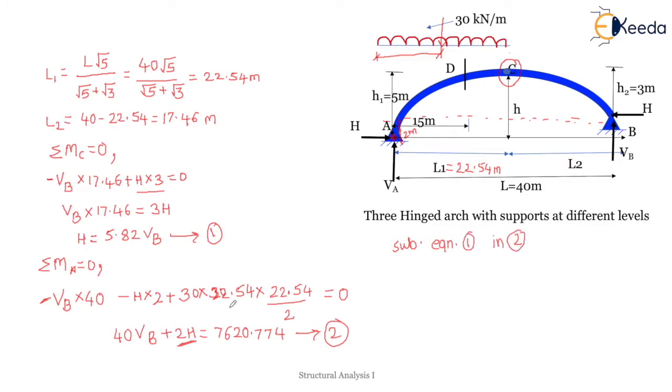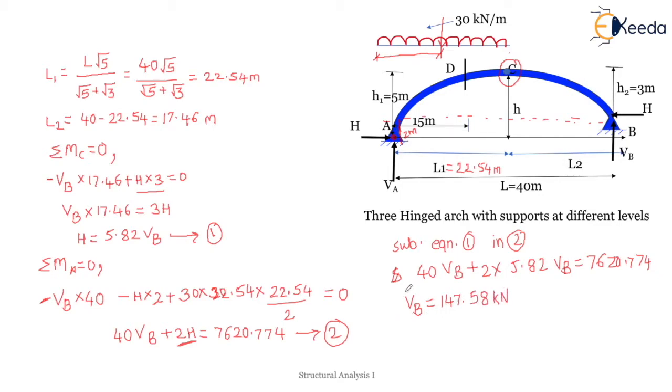When you substitute H equal to 5.82 VB, you will write 40 VB plus 2 into 5.82 VB is equal to 7620.774. When you calculate, we'll get VB is equal to 147.58 kilonewton.